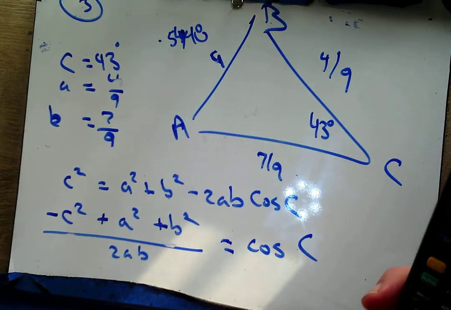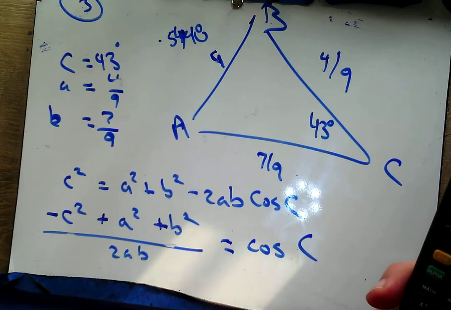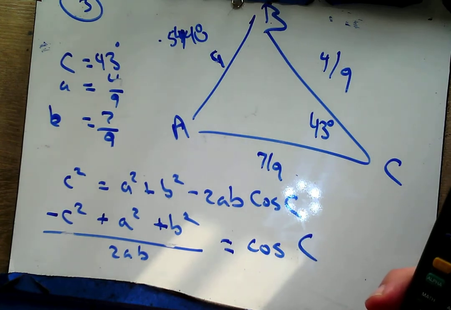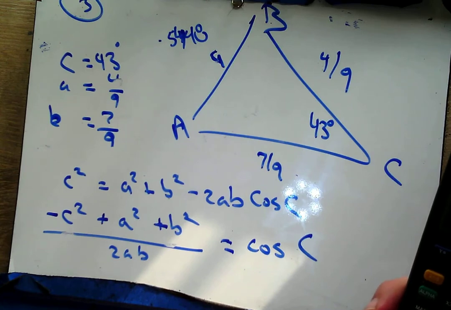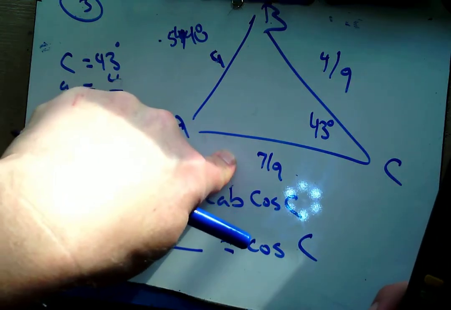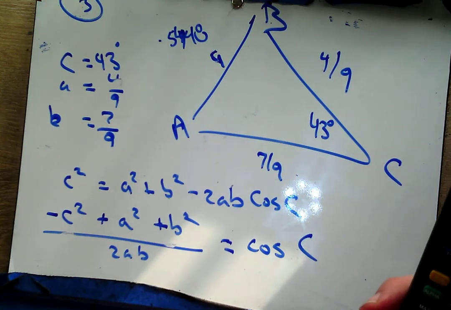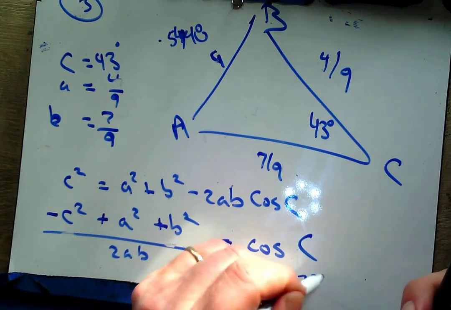So A squared, that's 4/9 squared, plus 7/9 squared, minus C squared, minus 0.5448 squared. And I want to divide that by 2 times 7/9 and 4/9. And I end up with 0.7314.